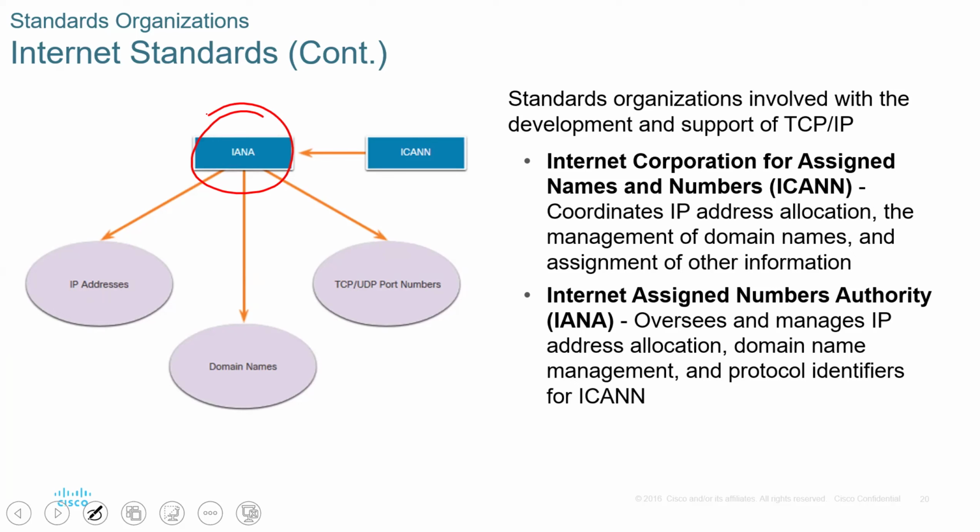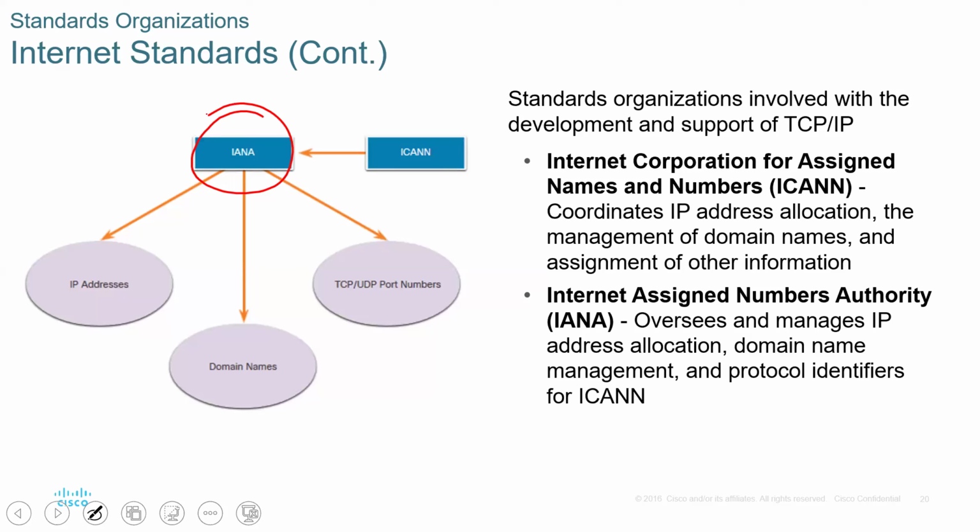They basically oversee and manage IP address allocation, domain names, protocol identifiers, and things like that. And they work hand in hand with ICANN, which is the Internet Corporation for Assigned Names and Numbers. What they do is coordinate IP allocation.